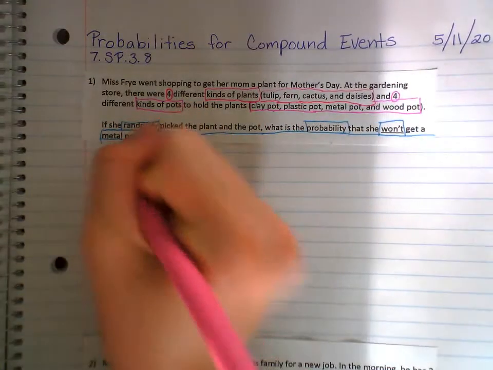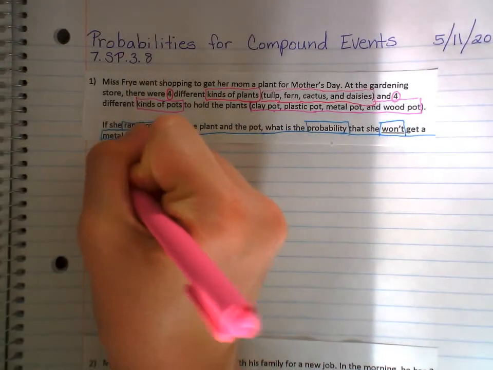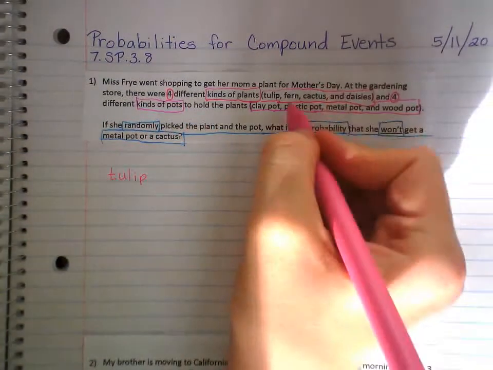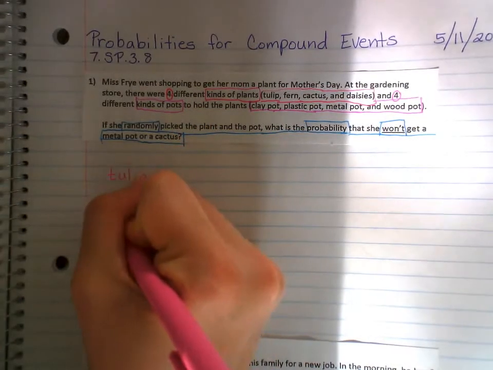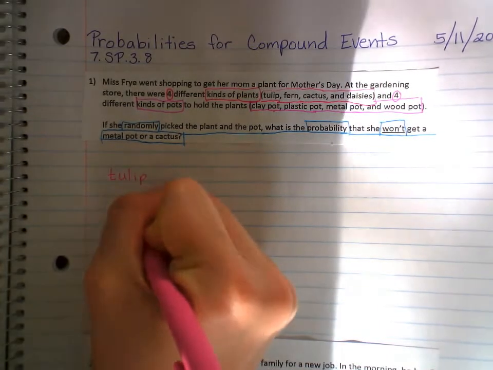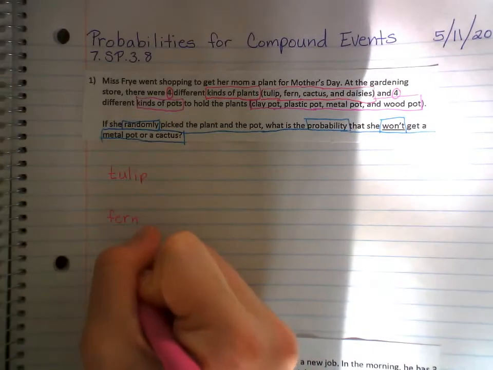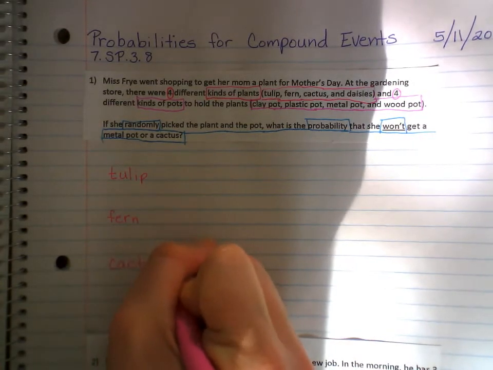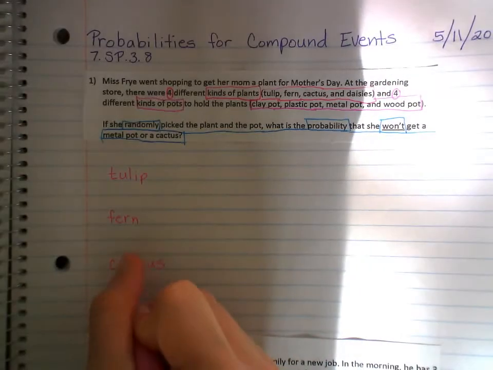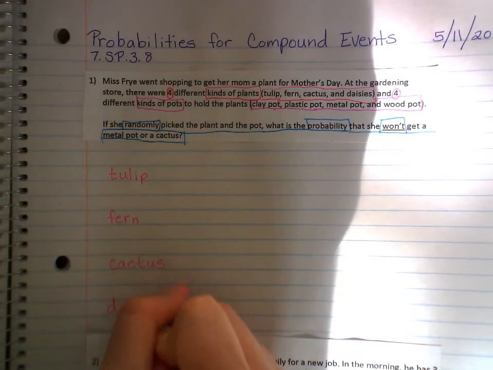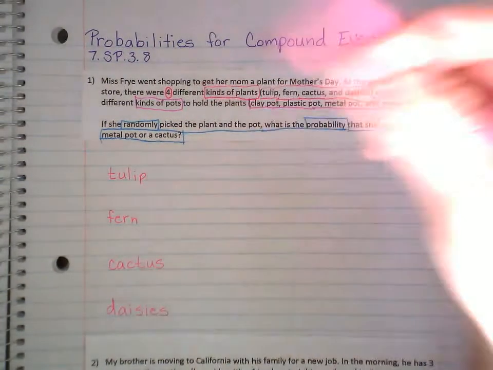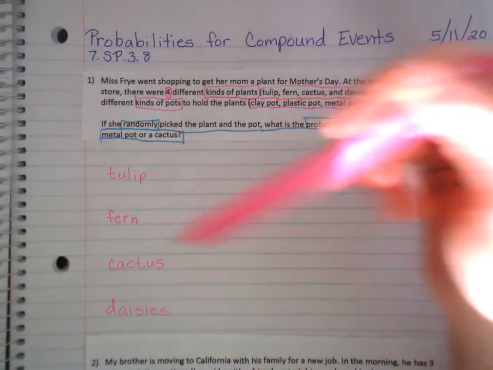All right, we have tulips, ferns, cactus, daisies. So this is event 1, the type of plant.